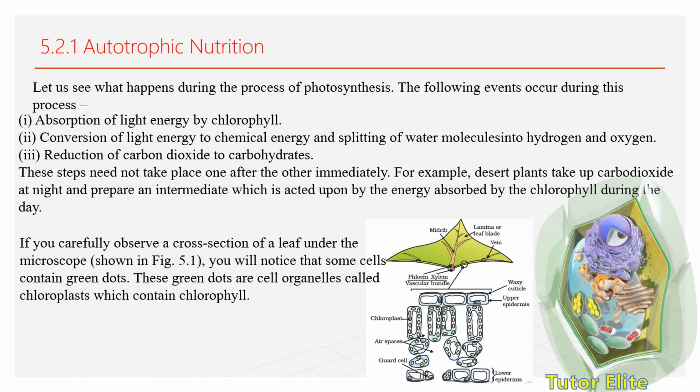Let us see in detail what happens during the process of photosynthesis. The following events occur during this process: absorption of light energy by chlorophyll, which is responsible for the green color; conversion of light energy to chemical energy; and splitting of water molecules into hydrogen and oxygen.